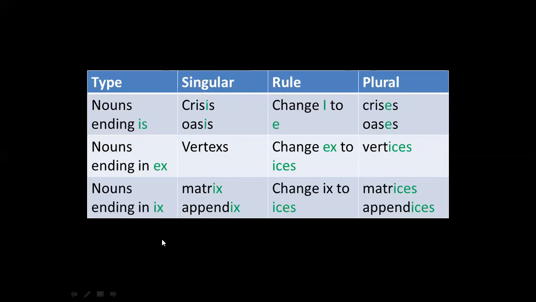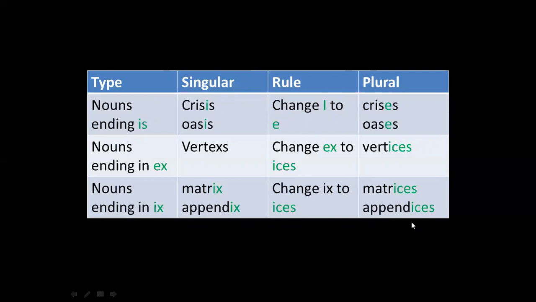Now, nouns ending in ix: matrix, appendix. ix changes into ices: matrices, appendices. Okay, these are the rules of a foreign language.